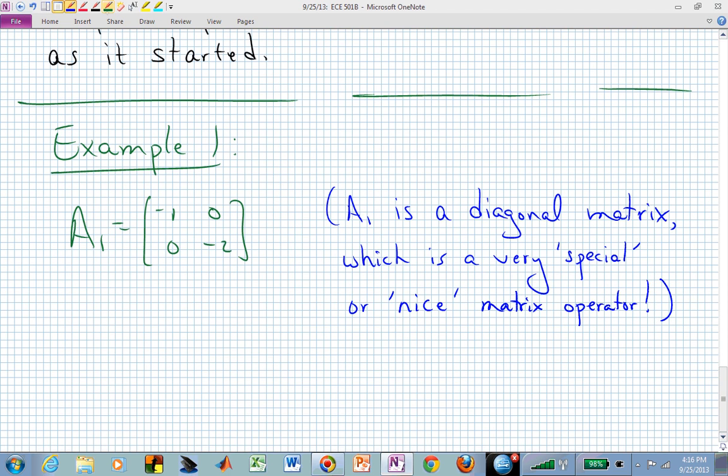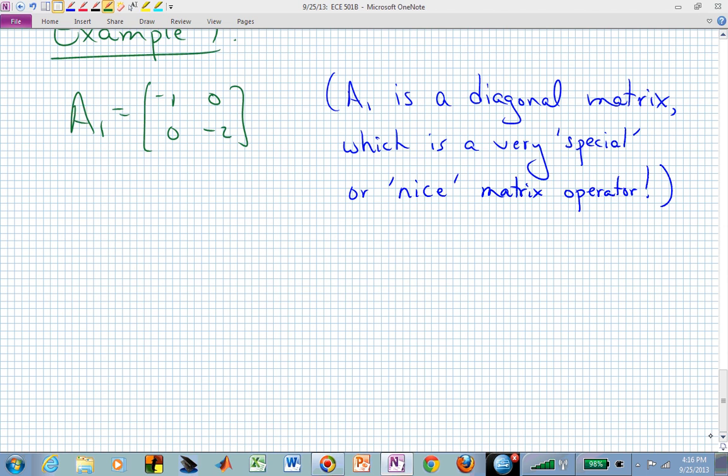All right, let's see why this is such a nice matrix. Let's now look at a vector, and let's start with something easy. Suppose that vector v1 lies on the x-axis.